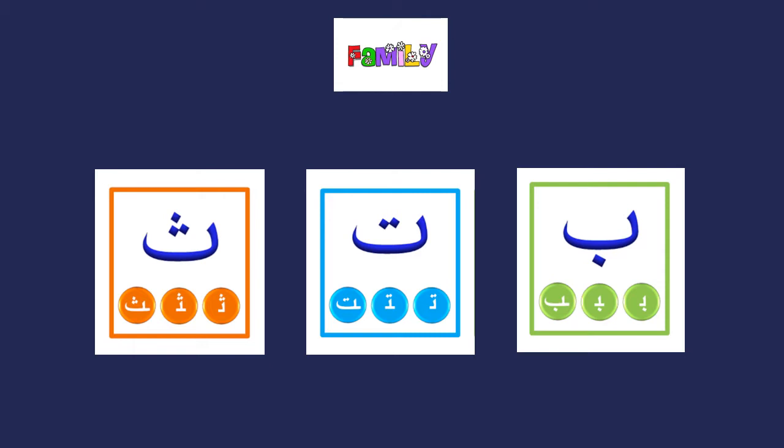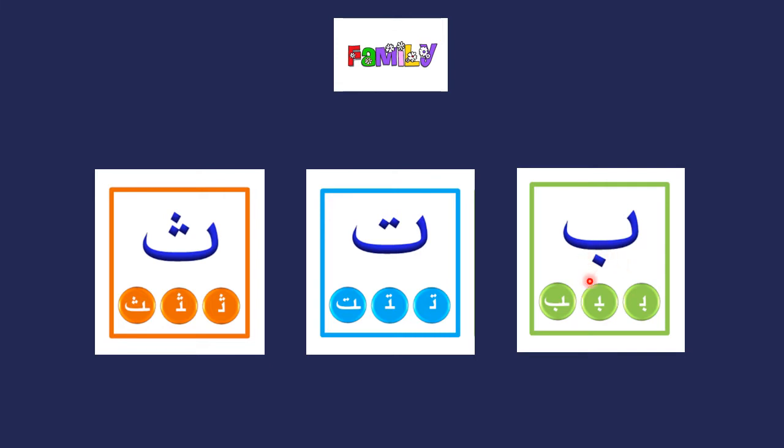Now comes the Ba family. The letters of this family are Ba, Ta, Sa. And you can see that the full shapes as well as their half shapes are same, except the dots.